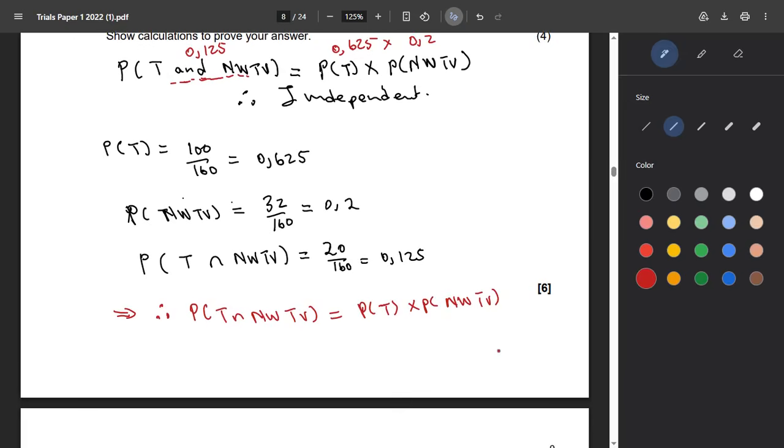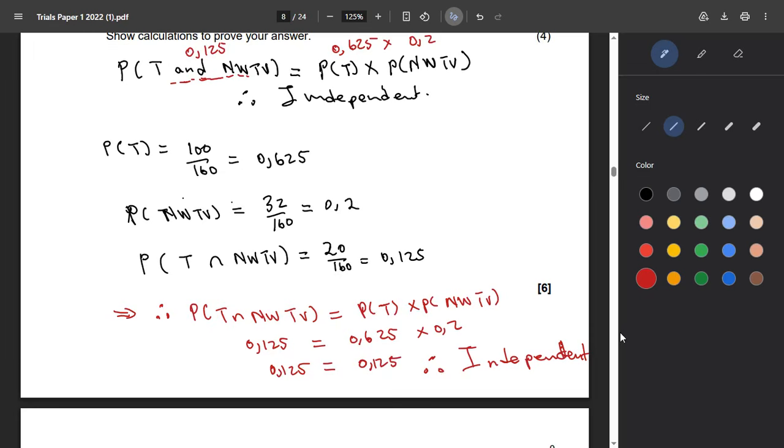They are equal because this one is 0.125 and this one is 0.625 times 0.2, which is the same. Therefore, these two are independent. They are independent events. I think that was it for that question 4.